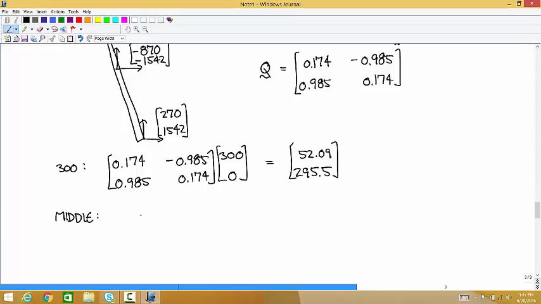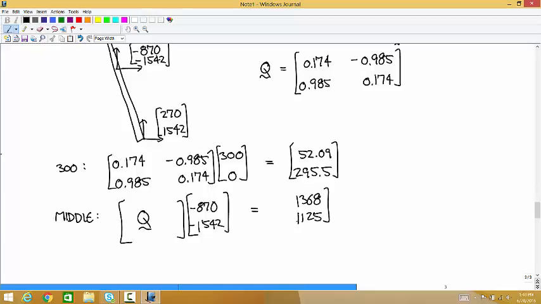Then we come to this one. At the middle, we have that same Q matrix times negative 870, negative 1542. What do you get for that? Yeah, 1368 and 1125. Okay.